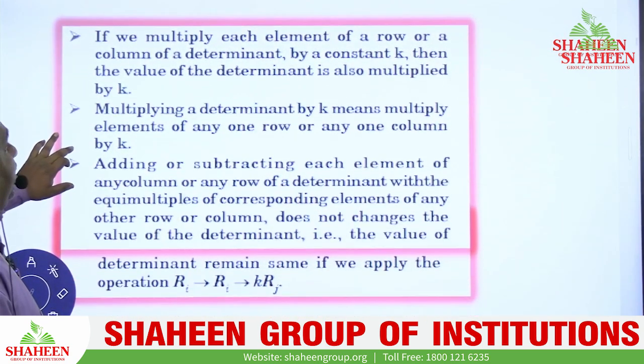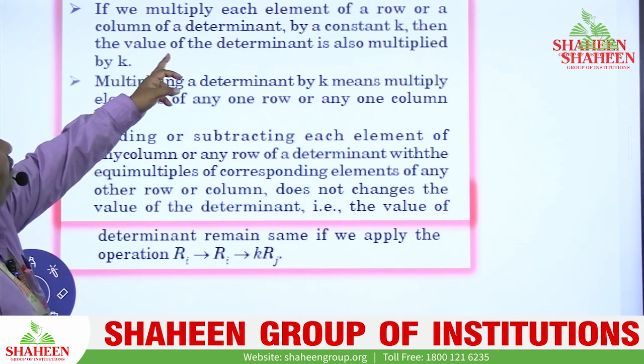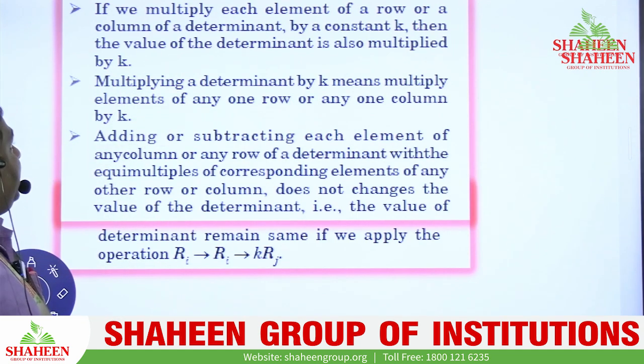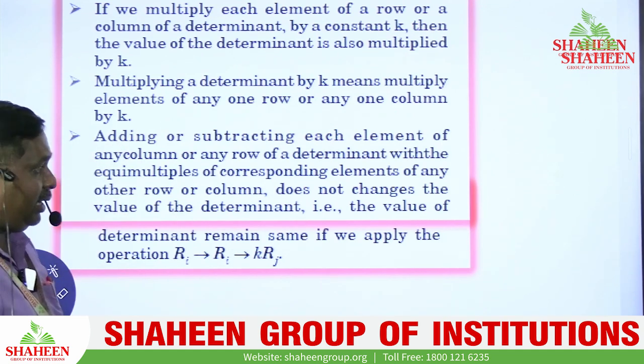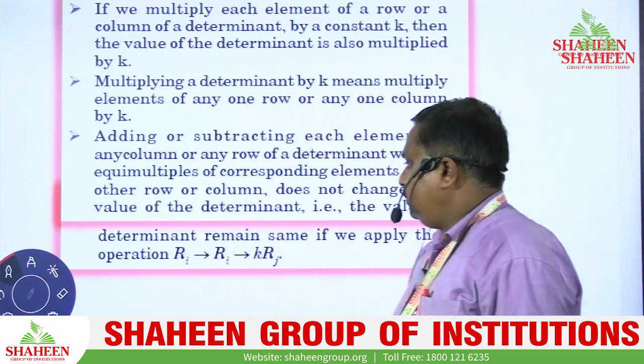If we multiply each element of a row or a column of the determinant by constant k, then the value of the determinant is also multiplied by k. तो देखिए अभी हमने ये पॉइंट डिस्कस किया था.